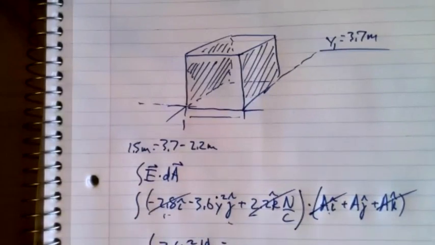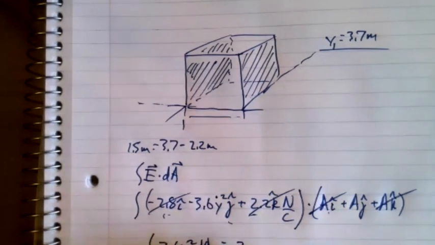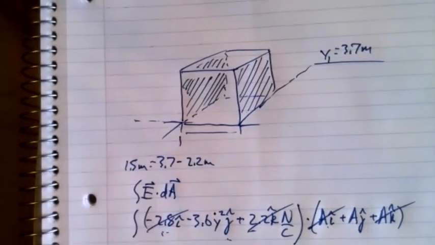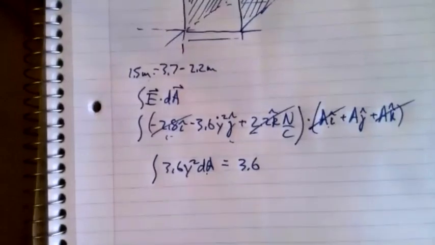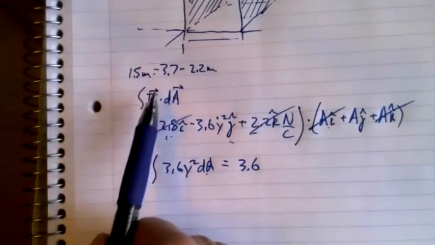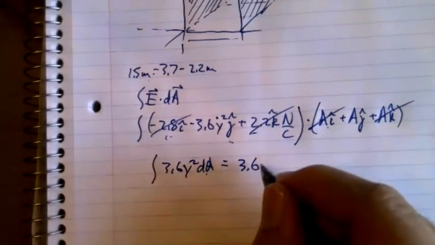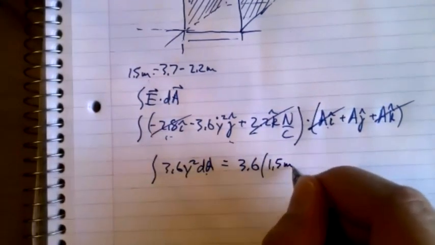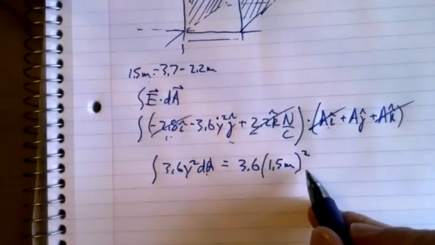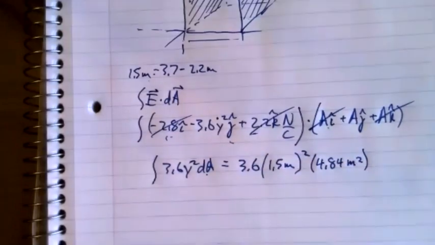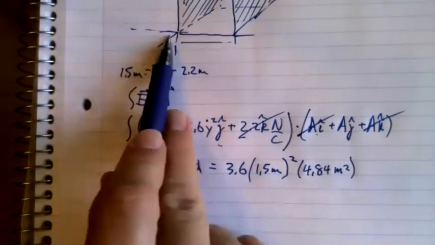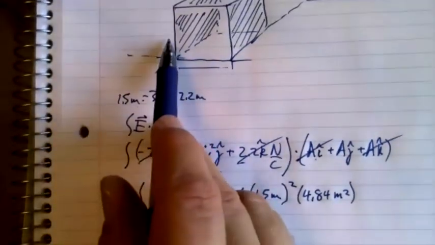So this is constant, and so what I'm going to get is 3.6 times my y coordinate, which is 1.5 meters, squared, times my area, which is 4.84 meters squared. Right, that's going to be the flux through the backside of my cube over here.